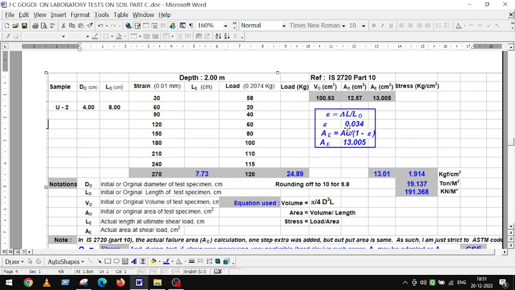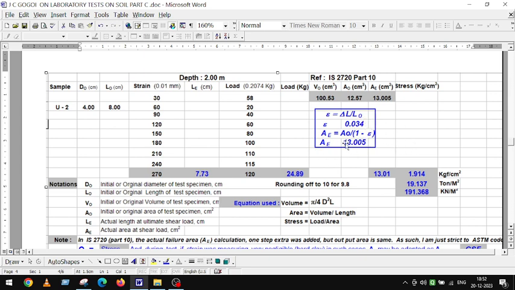This strain is useful not only for measurement of this area, but also because stress divided by strain gives the elastic modulus, so strain is used for estimation of elastic modulus.